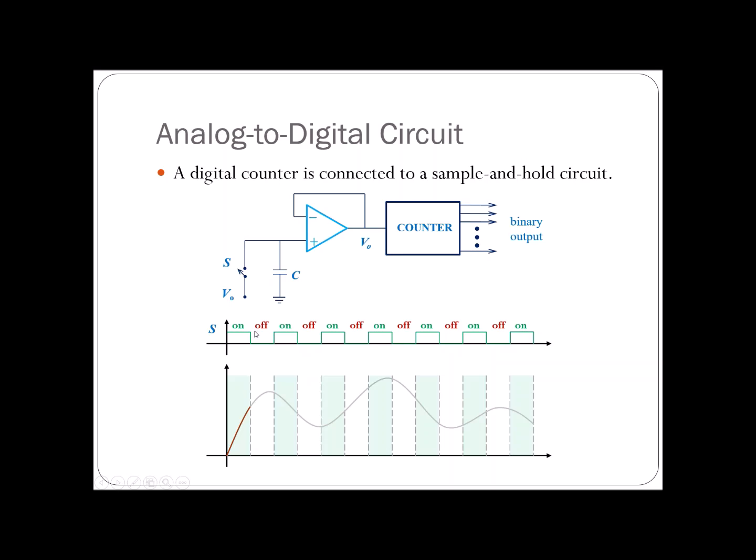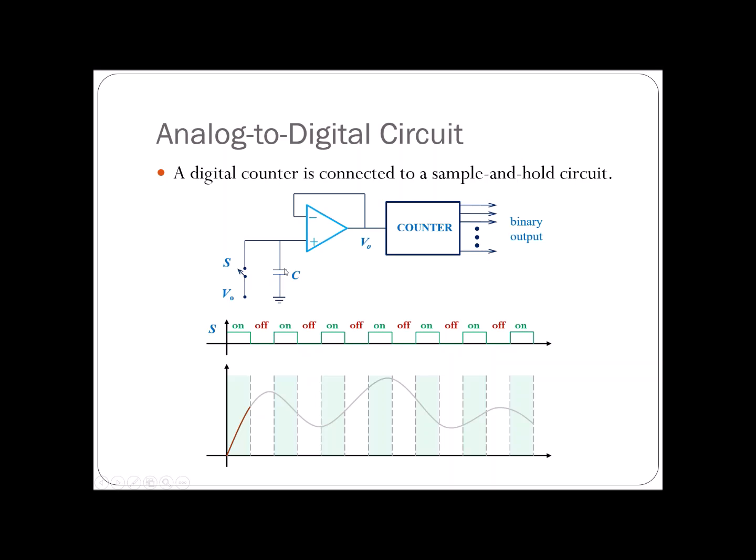But after a certain interval, I remove the connection, I open the switch S, and then this will be disconnected, so there is no current flowing in here. But during the on period, this capacitor had been charged. So when this switch is open, even though there is no current flowing in here, there will be a current flowing from the charged capacitor.